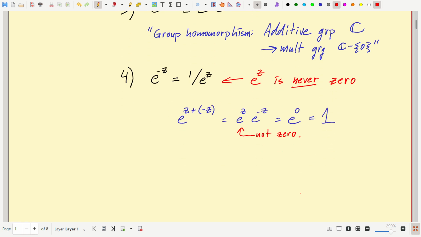As long as I'm putting things in the list, another biggie that follows from number 3 is de Moivre's formula.